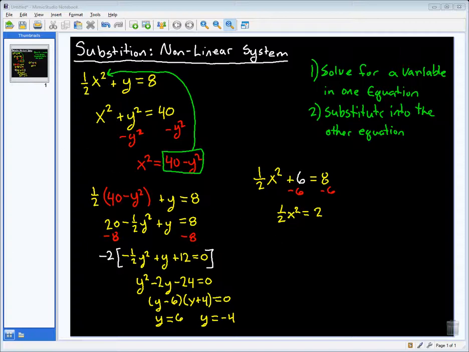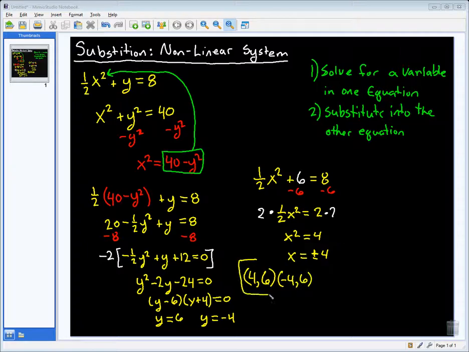I'd multiply both sides by 2 to get rid of the 1/2. I would get that x squared is equal to 4. And now I can square root, and I get plus or minus 2, which means I'm getting two answers again. I plugged in a 6 for y, and I got an answer of 2, and also -2.